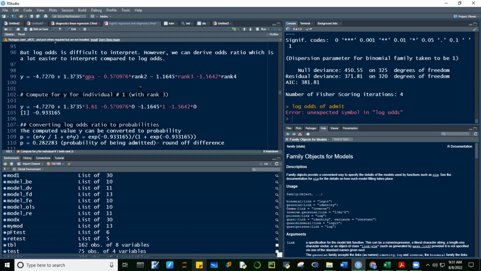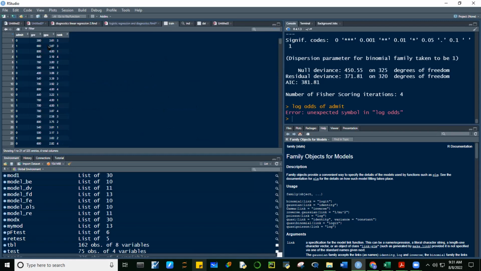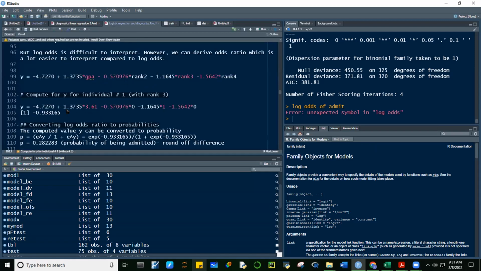Ito na lang, no? So ito yung model natin. Do we know the GPA? GPA for sample number 1, 3.61. So i-multiply natin si GPA, yung slope niya, 1.3735 times 3.61. Okay? And then rank 2, why did we multiply here by 0?